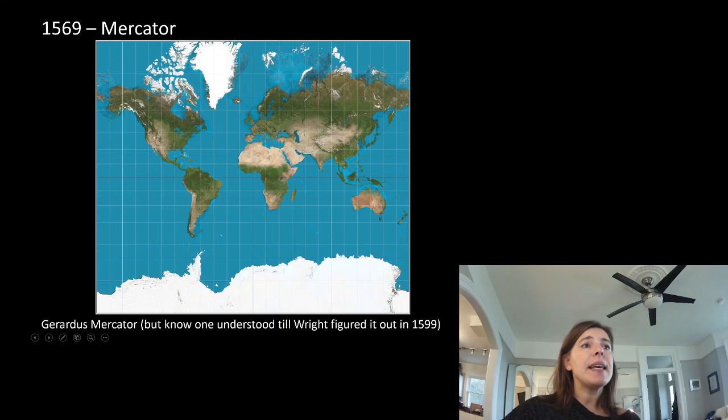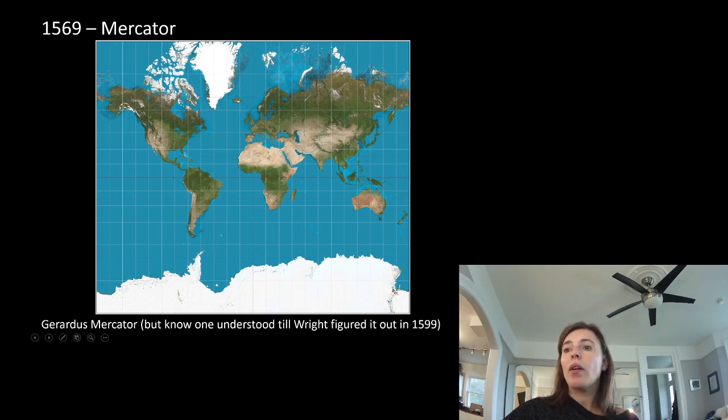So you can see that our squares start to get longer as we get further away from the equator. Works all right, considering the majority of our population lives in this band here, where you can see the squares are all approximately the same size.